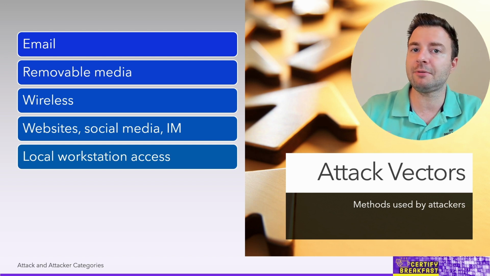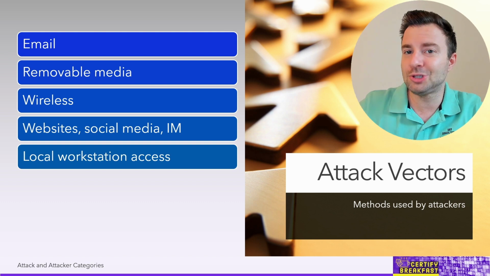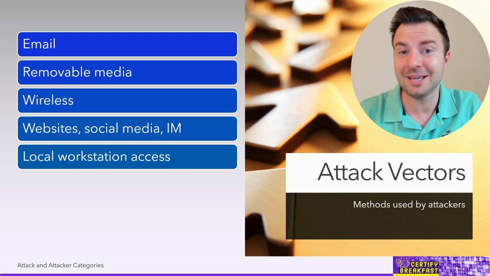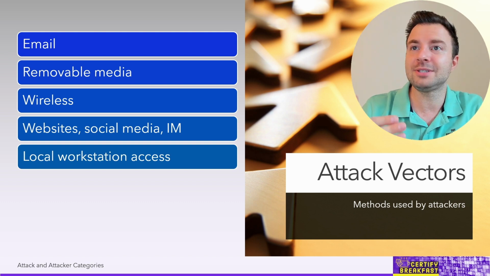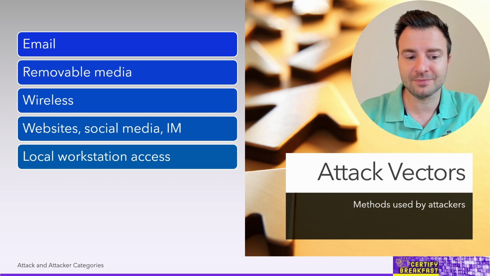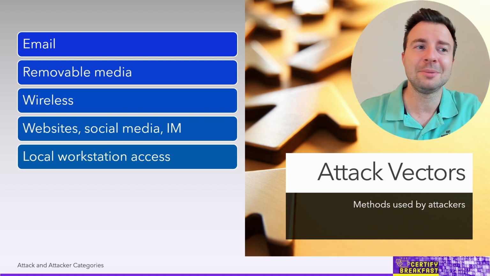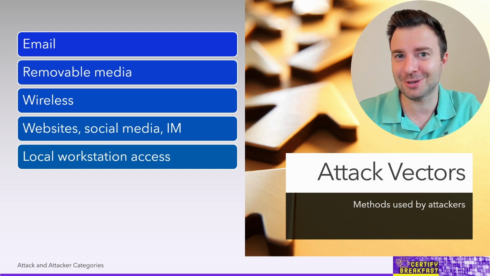You might not know if everybody is authorized to be there. It doesn't matter if everybody is authorized to be there. No colleague of yours should have access to your workstation, no matter the reason. So direct local workstation access is also a potential attack vector. Not just for pranks. I'm sure you can think of a couple of pranks here, but we're actually talking about security risks.